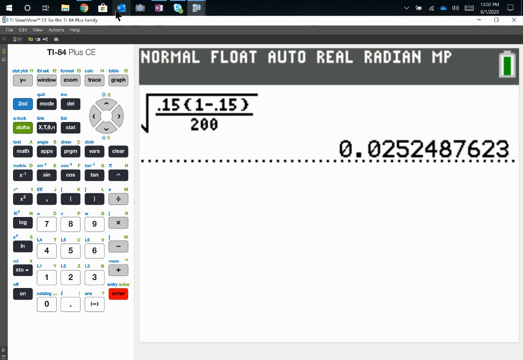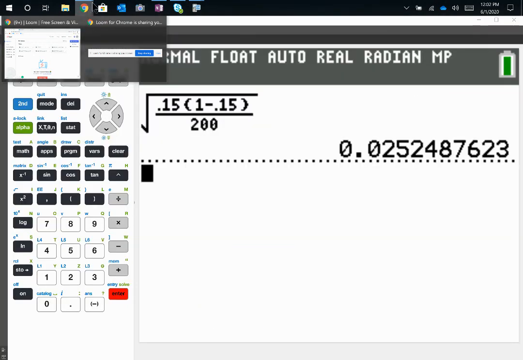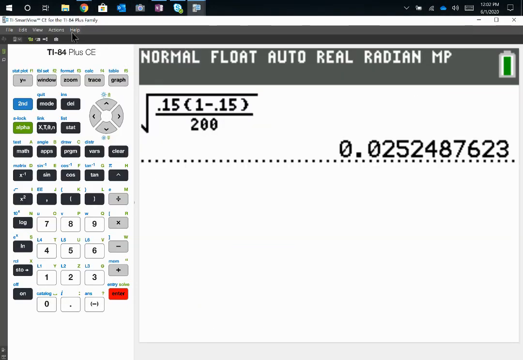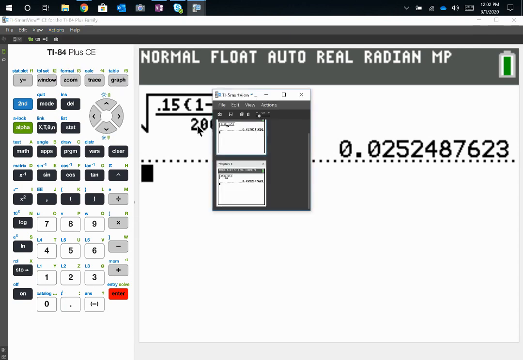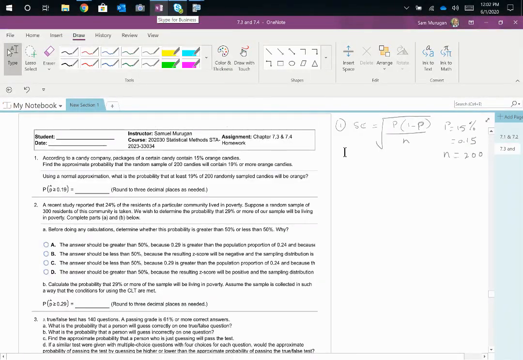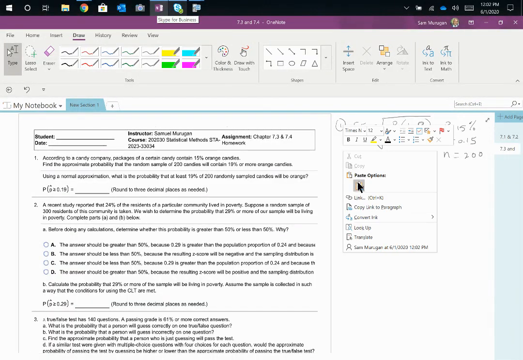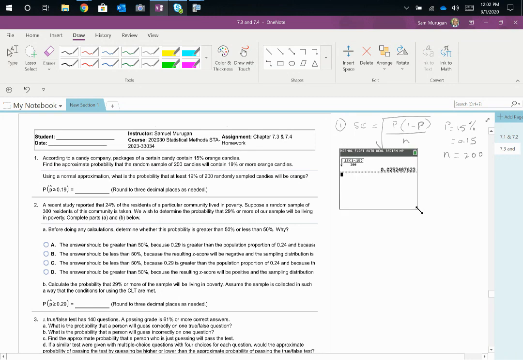Now, you want to go ahead and take this to 3 decimal places. So our standard error or standard deviation is 0.025.